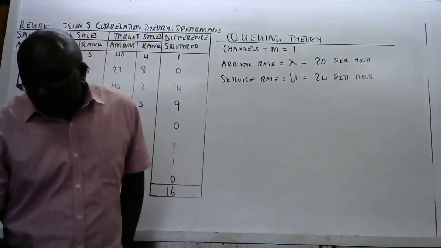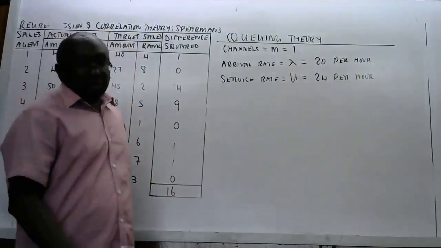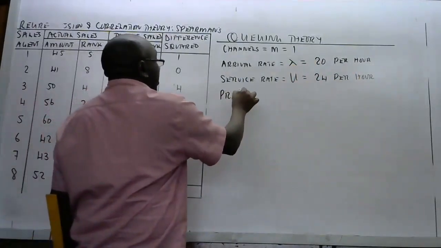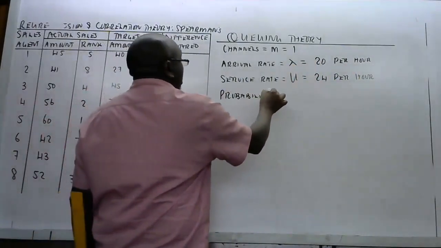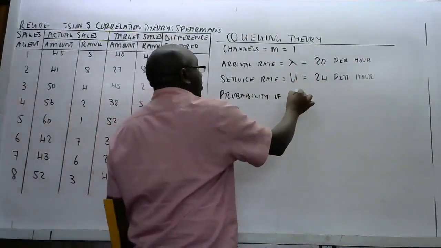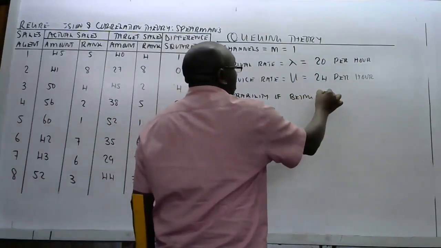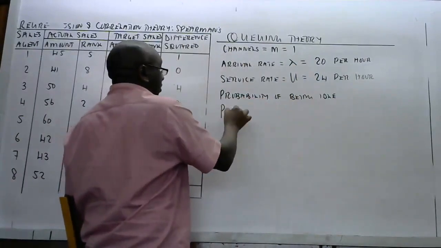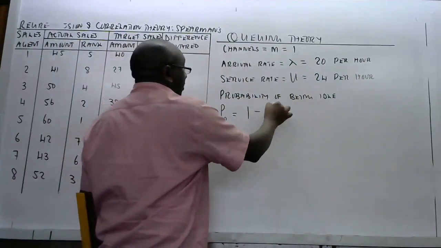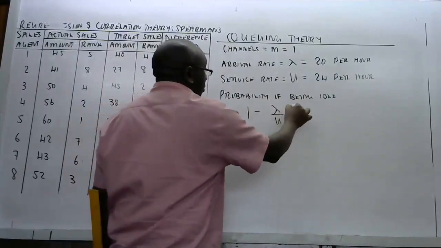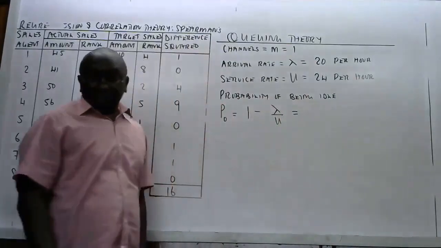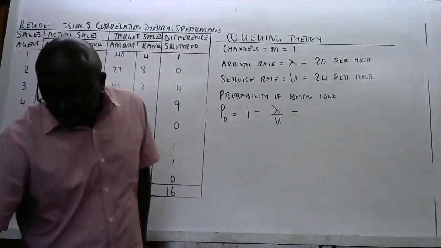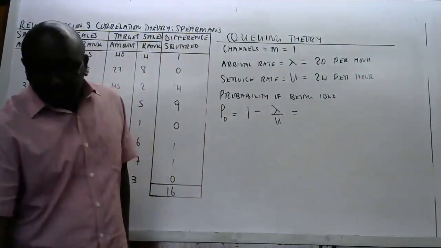So, when you are asked the probability that we are idle, the probability of being idle is given as P naught equals 1 minus lambda over mu. That's the formula of getting the probability of being idle.